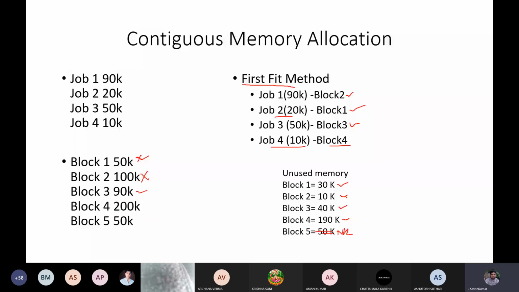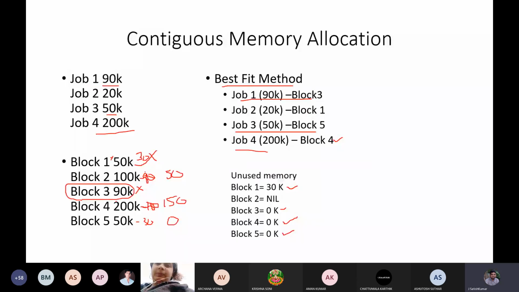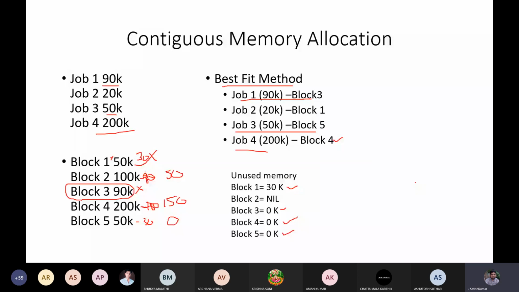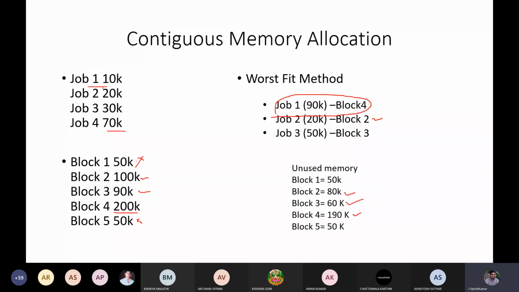Now, whenever you are allocating some space, for example, in this case, job 1 is allocated to block 2. Block 2 is having 100K, but job 1 needs only 10K. The unused space 10K, we call this fragmentation. Suppose in this case, 10K is allocated to block 4.